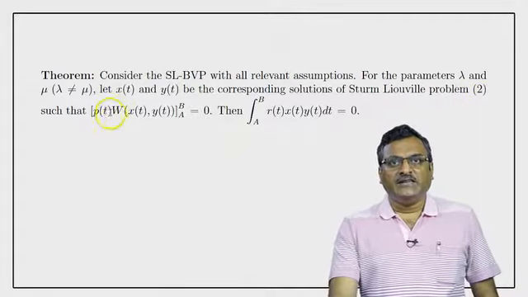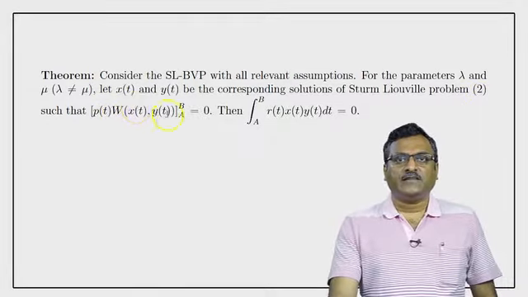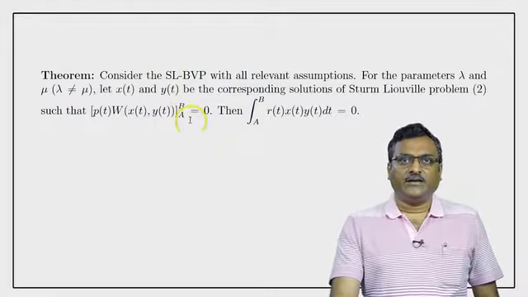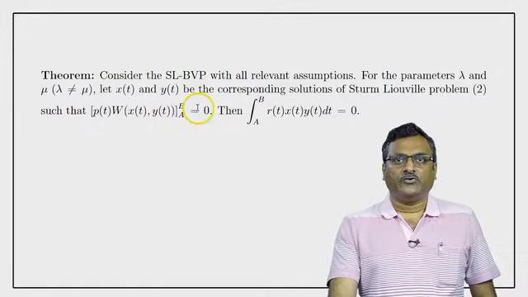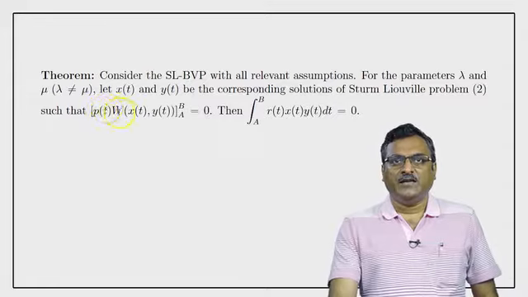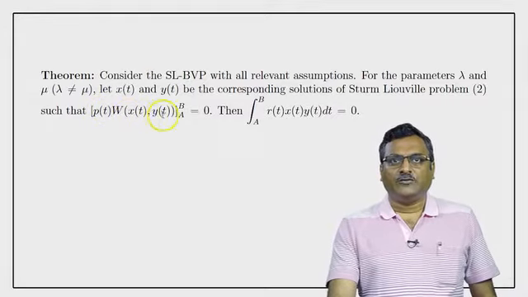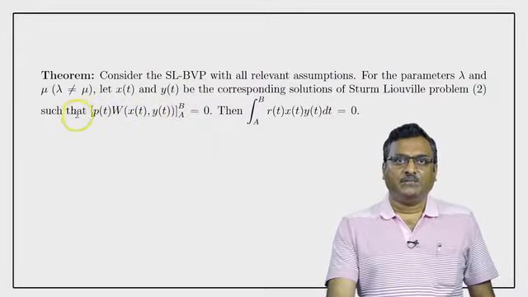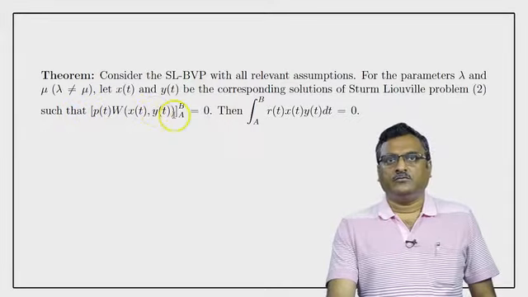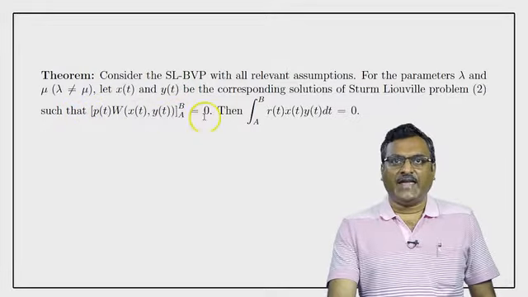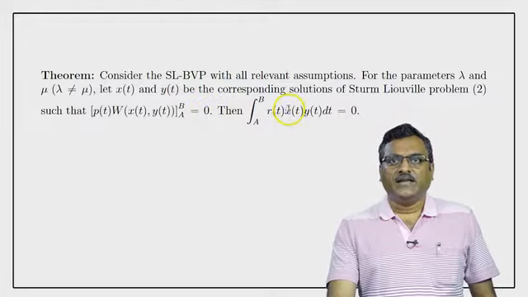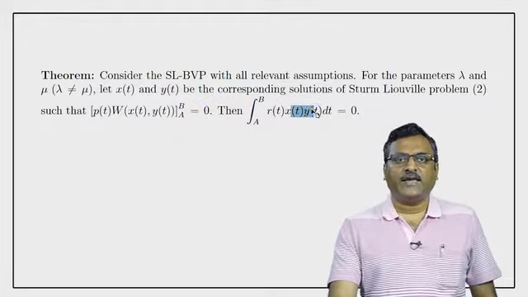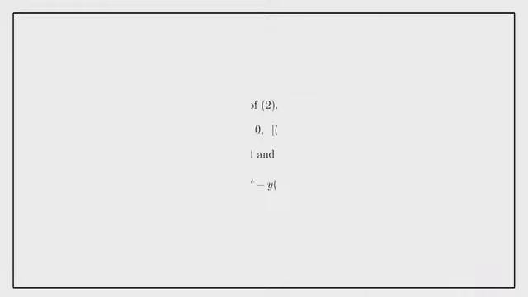Now if pt times the Wronskian of xt yt evaluated at a and b is equal to 0, that means pb times W of xt yt evaluated at b minus pa times W of xt yt evaluated at a is equal to 0, then these two functions x and y are orthogonal to each other.